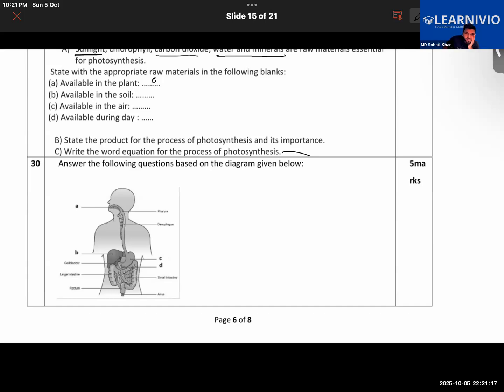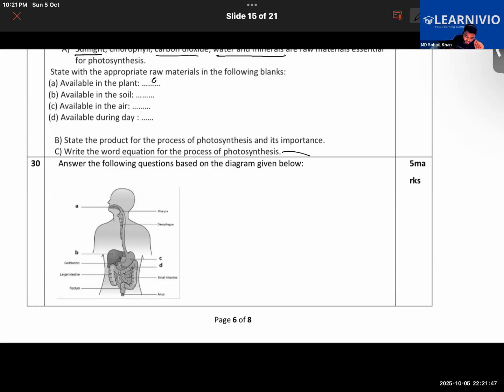Glucose is used by the plants to carry out their day-to-day activity, and it is also stored in different parts of the plant, which we humans consume in the form of food. Then it releases oxygen, which is essential for the survival of living beings. Living beings cannot do respiration without oxygen, right? And this process of photosynthesis helps in maintaining the balance of oxygen and carbon dioxide gas in the atmosphere.